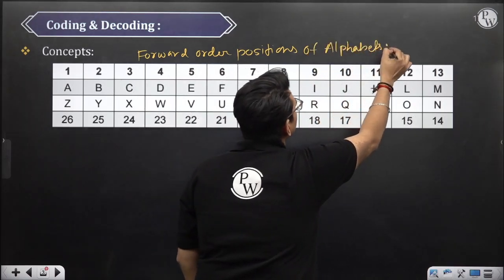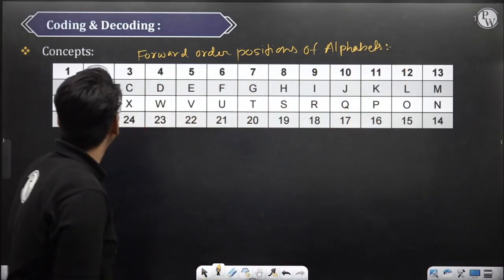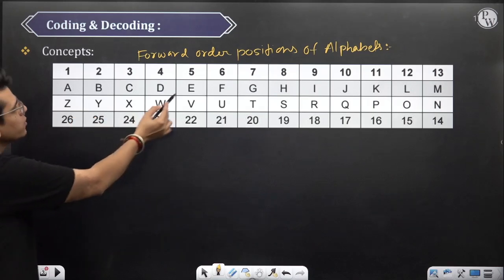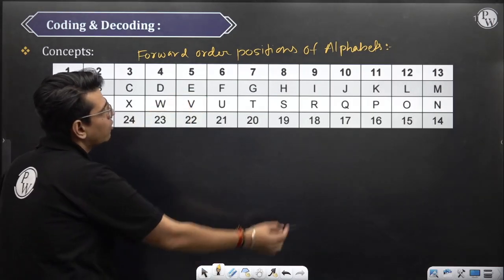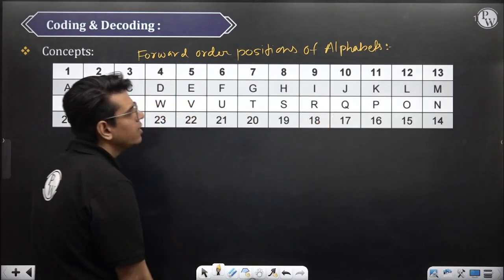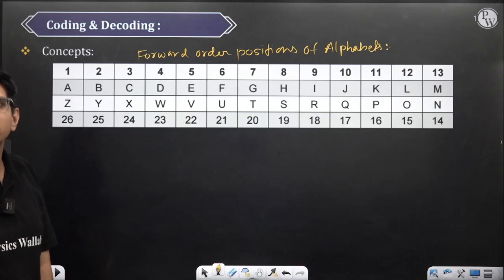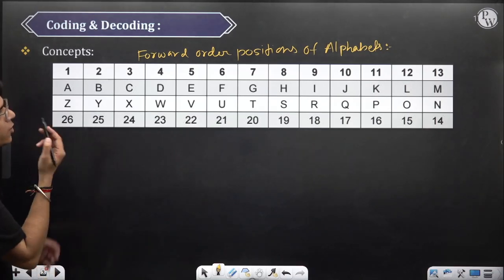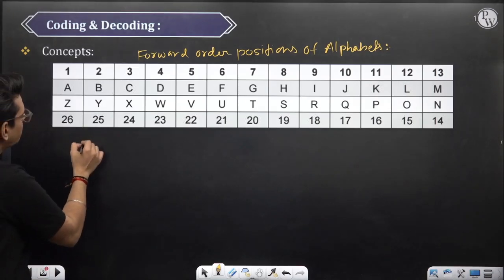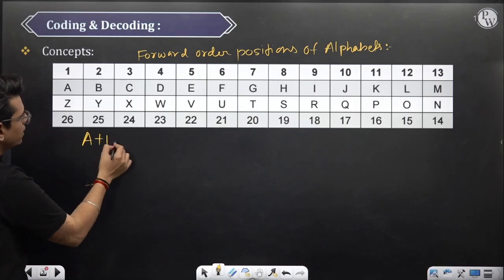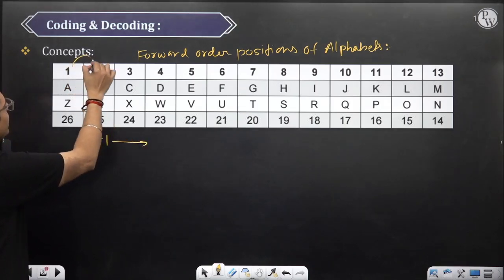So the positional value of alphabet A is 1. Similarly, the positional value of E is 5, of Q is 17. We will use this to solve all the problems. You need to know some things here. Suppose A plus 1 means A will move one time ahead.